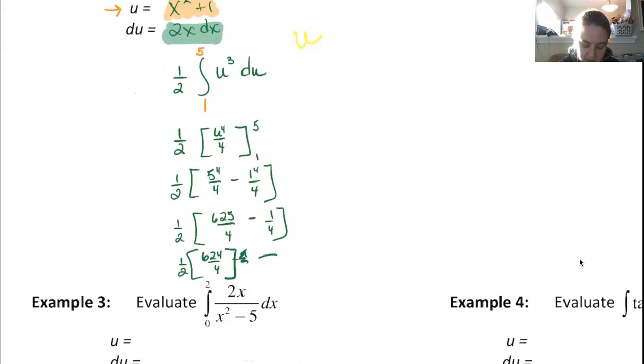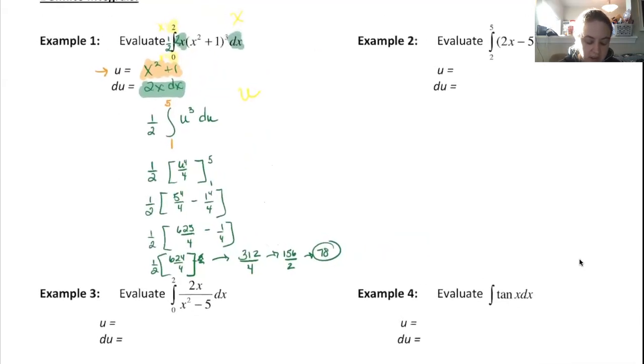My mental math this morning. 312 over 4. Because if I divide by 2, 156 over 2, 75 plus 3, 78. I'm going with 78. Now, you can still put this into your calculator into Math 9 and find the answer. That's fine, and we should get 78.